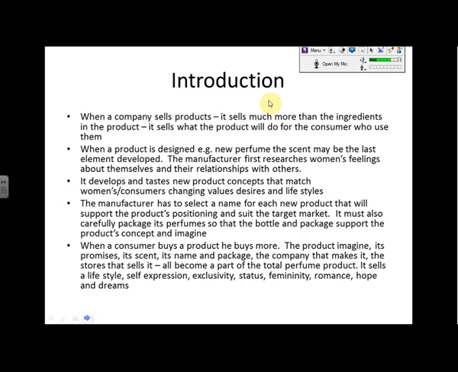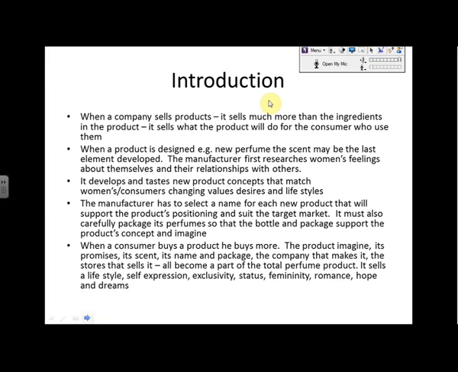To introduce the topic, it is important for each and every company to understand, and also for us as marketing students and marketing people, that when a company sells products, it is not only selling the product, but it is selling more than the product.